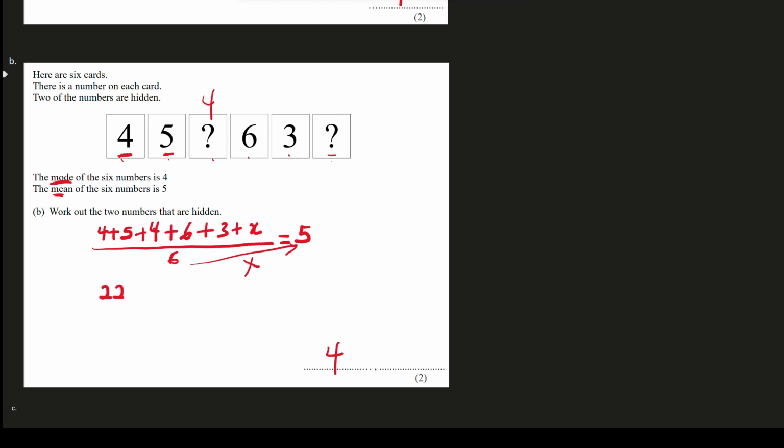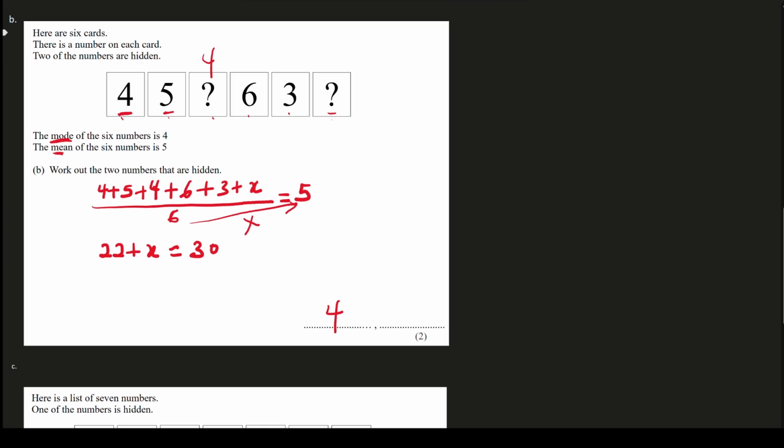So I have 22 plus x equals, now don't forget, 6 times 5 is 30. Now, to work out a value for x, you subtract 22 from both sides, then x is equal to what? 8. Because 30 minus 22 is 8. So our second number is 8.